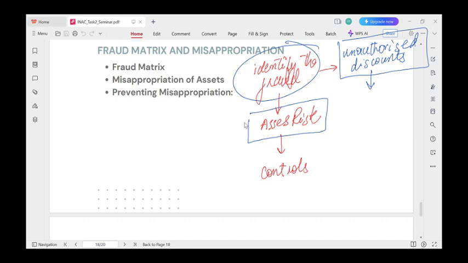In assessing the risk, we are trying to figure out what is the likelihood of that risk and what's the impact of that risk.